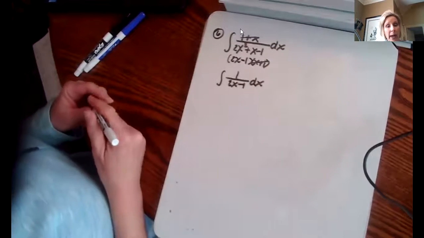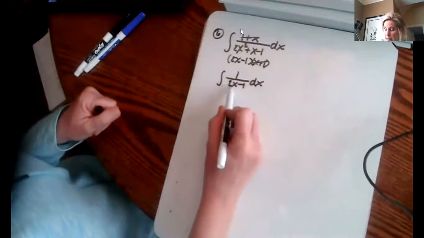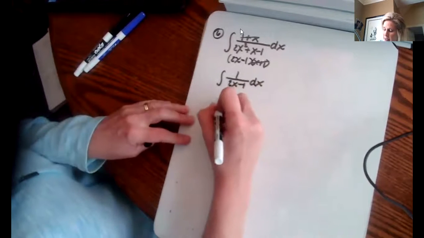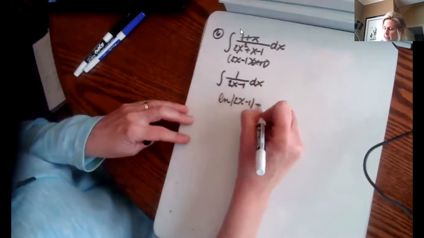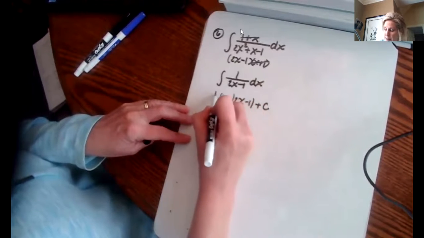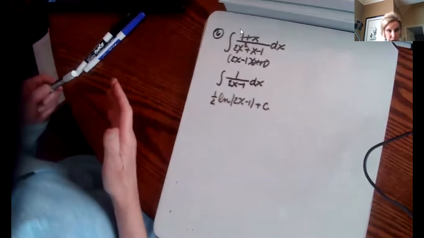Well, guys, now we're back up to the red rules. Because this is a number over a linear expression, I could go right to logs. So I know it's going to be ln of 2x minus 1 plus c. But remember, I need to take that 2 and compensate on the outside if I want to get around u-sub.